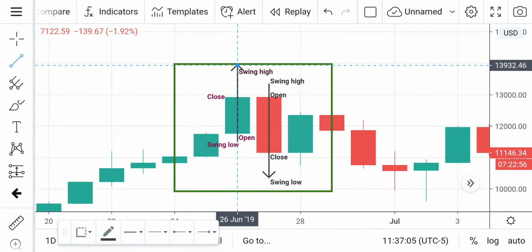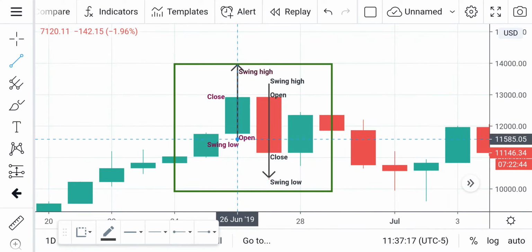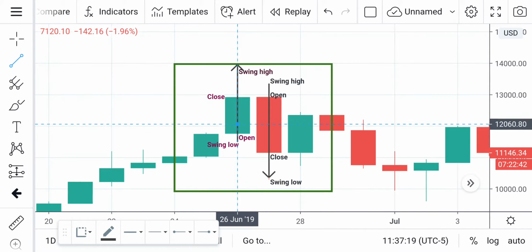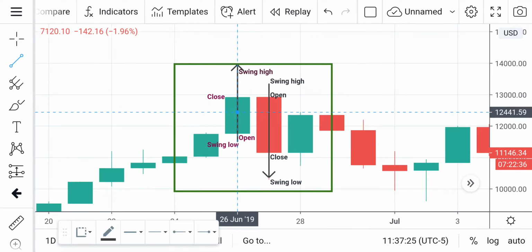So the wick shows you price rejection. That's sellers did not allow the buyers to push the price beyond this point, and they pushed it back to this point. So that's how to read the bullish candle. For a bullish candle, the price opens below and closes above, and you have your swing low and your swing high.